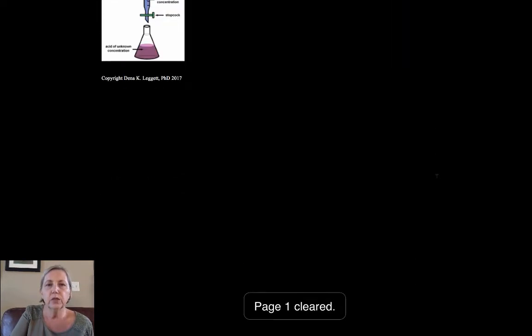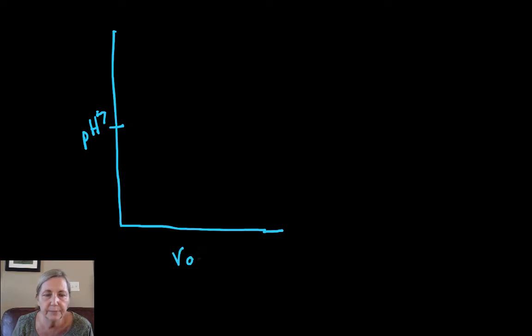So let's take a look at what these titration curves would look like. On this one, let me see if I can draw this a little neater. So I would be measuring pH, and here would be pH 7, and I would add volume of base.